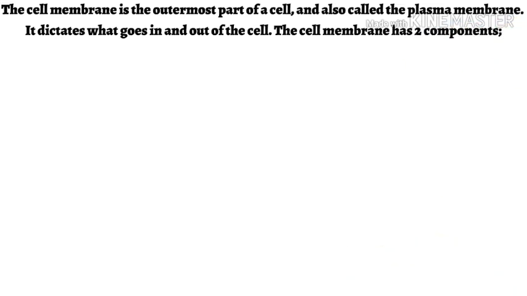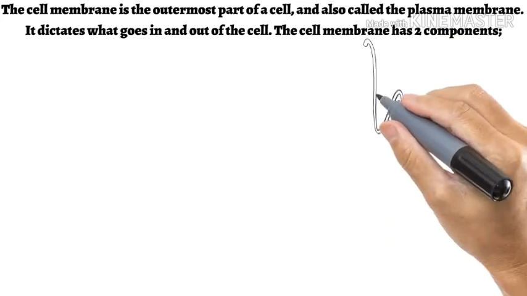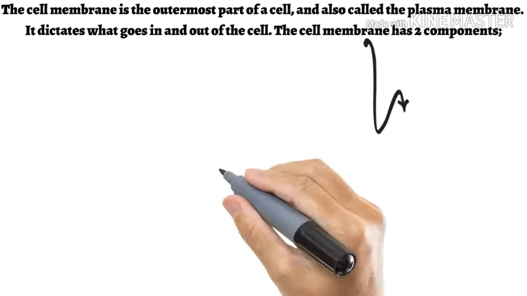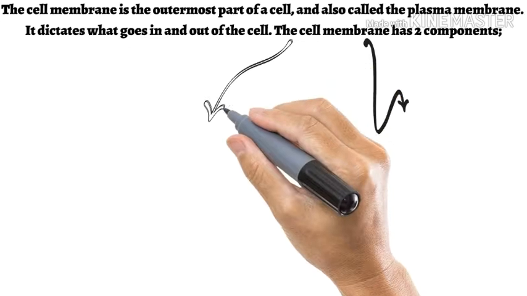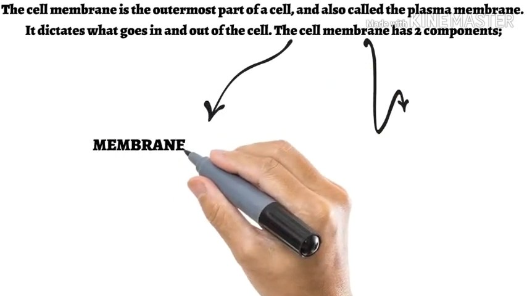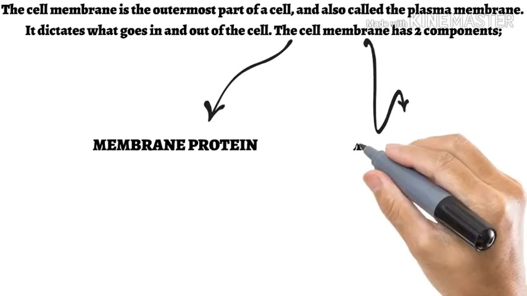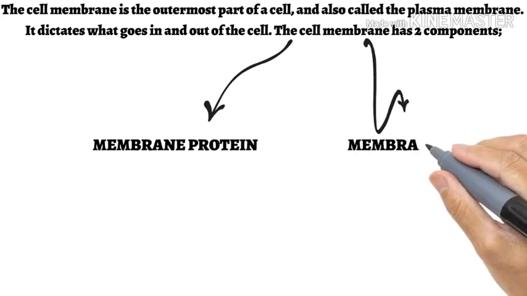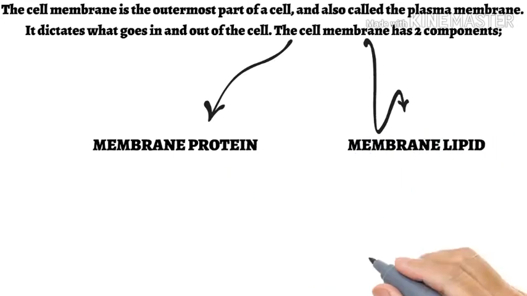The cell membrane has two major components. The first one is the membrane lipid, and if we are very conversant with our anatomical terms, we know that lipid means fat, and the second one is membrane protein.